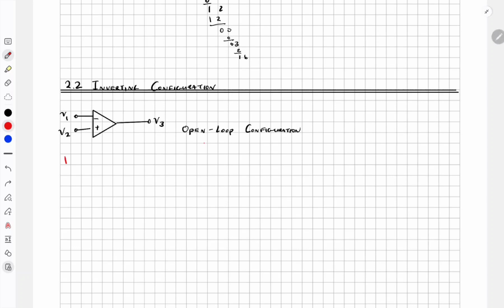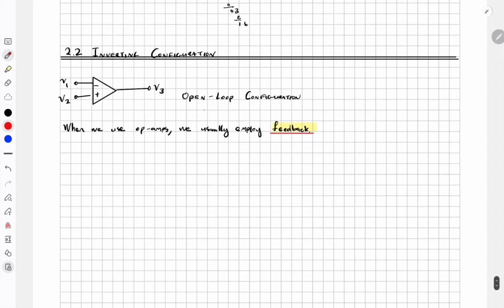Instead, when we use op amps, we usually employ feedback. So feedback is what we'll talk about first. An example of feedback would be like this.